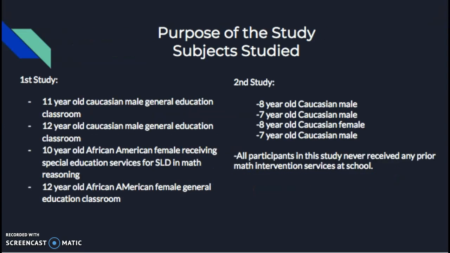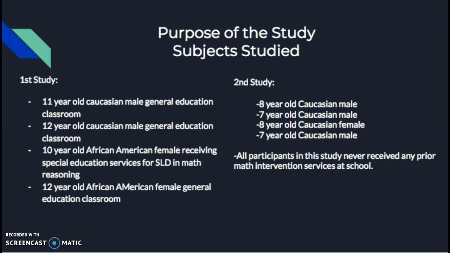So the subjects that were studied, well, actually this was a research study on two individual studies, and the first study had 4 subjects, recruited from general and special education classrooms. They were nominated by their teacher or the school's RTI team if there were identifiers in math deficiencies for these students.